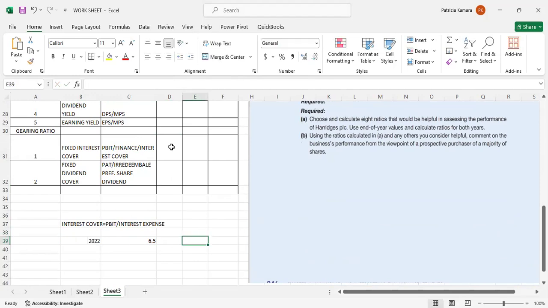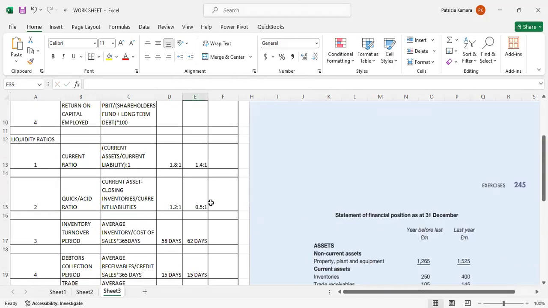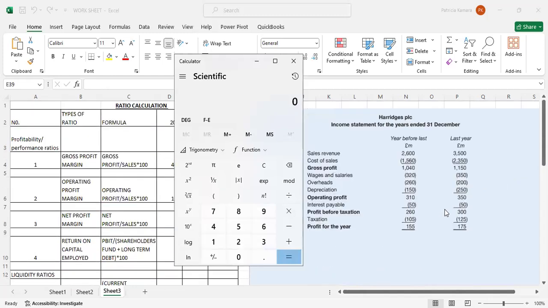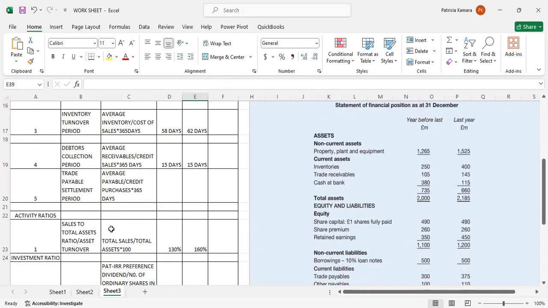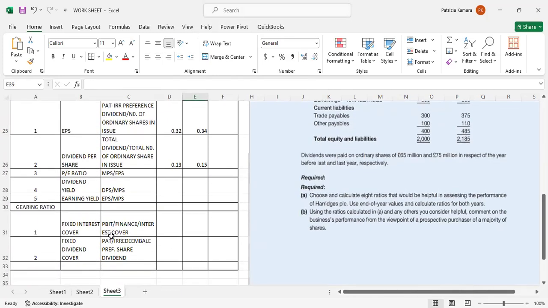So now profit before interest and tax, 310, divided by 6.2, gives us 50. So profit before interest and tax over finance or interest cover is 50.